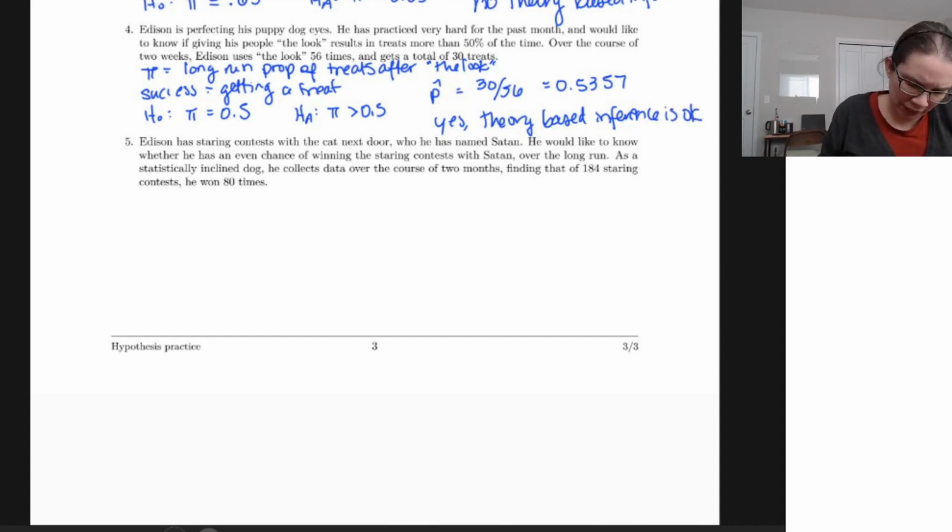Okay, Edison has staring contests with the cat next door, who he has named Satan. He would like to know whether he has an even chance of winning the staring contest with Satan over the long run. He is a statistically inclined dog, since he lives with me, and he collects data over the course of 2 months, finding that of 184 staring contests, he won 80 times.